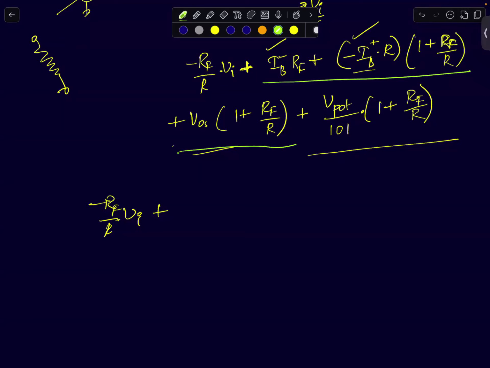The sum of these 3 terms, depending on the polarity of V offset and IB plus and IB minus, can be positive or can be negative. So I can lump them all together and call it a single voltage source, V non-ideal.